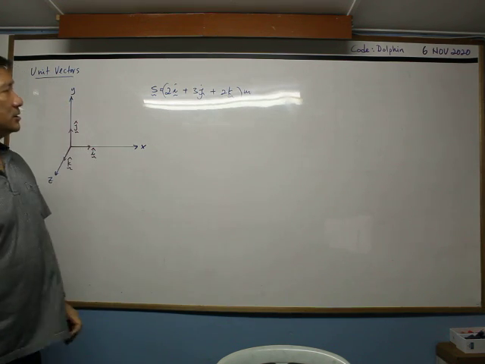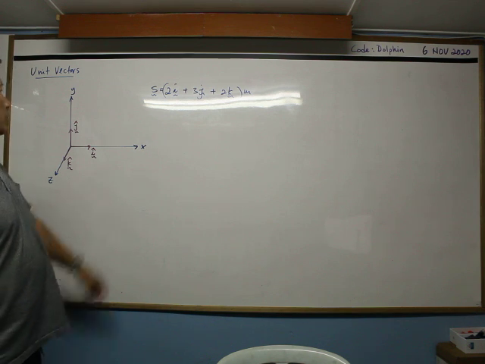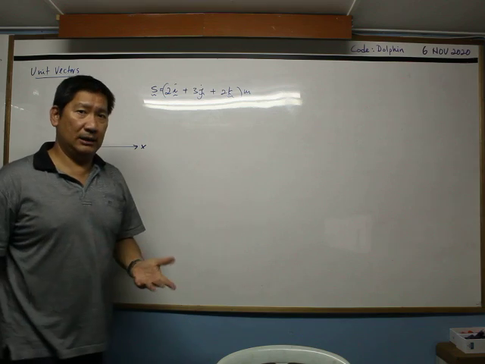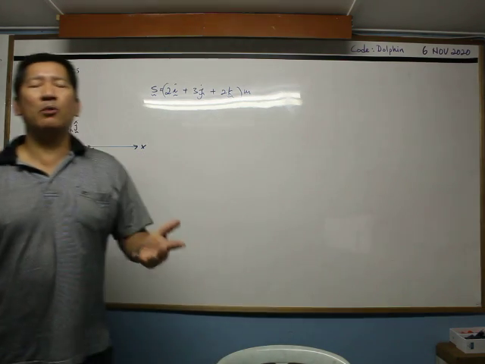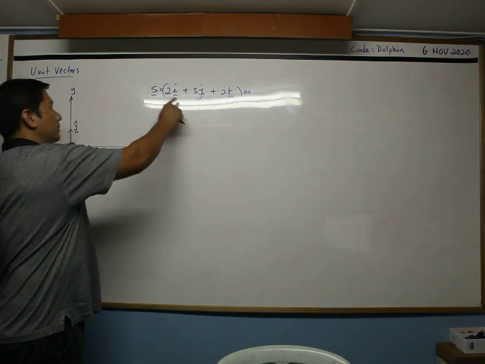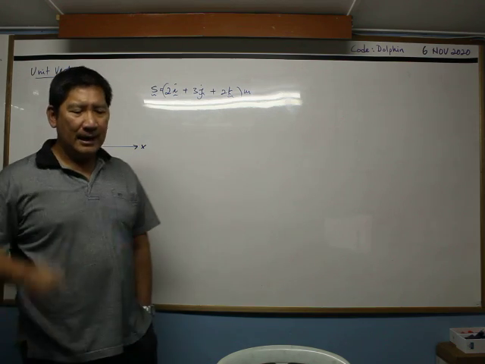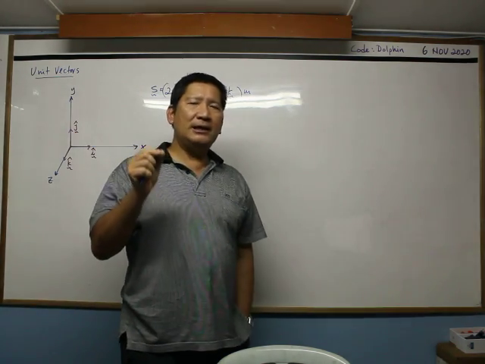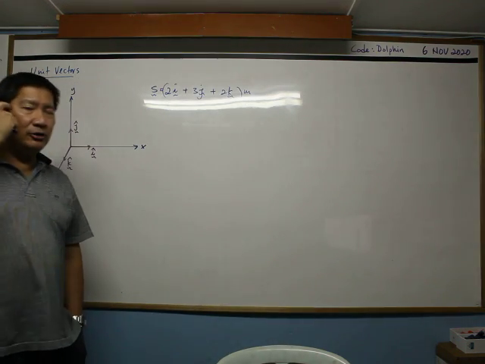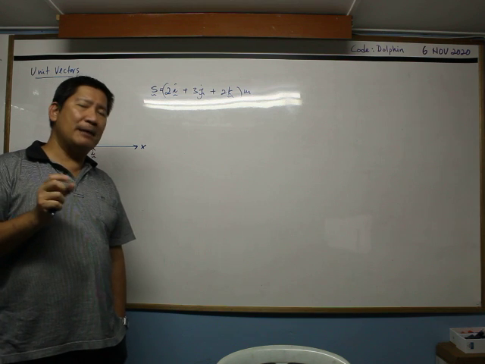Now you might ask, why don't we use simply 2x plus 3y plus 2z? Isn't it so much easier? But we have to remember one thing. If we use 2x plus 3y plus 2z, there might be a possibility that it clashes with the algebra symbols x, y, z. For example, you are doing a simultaneous equation.